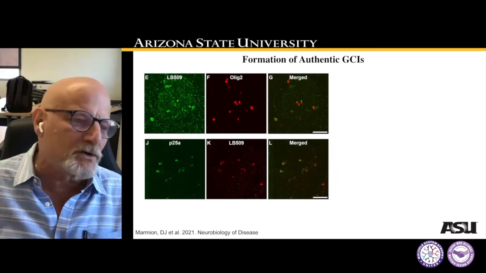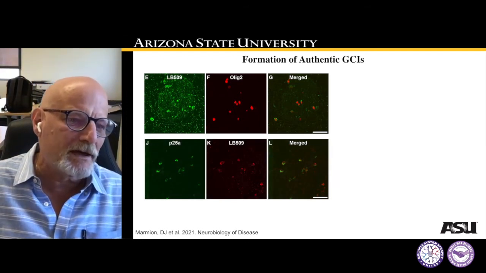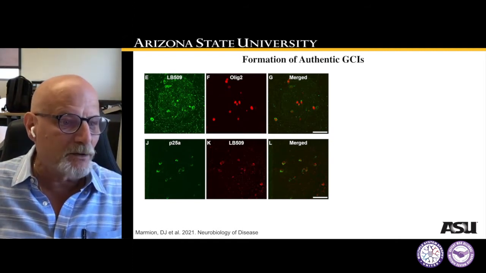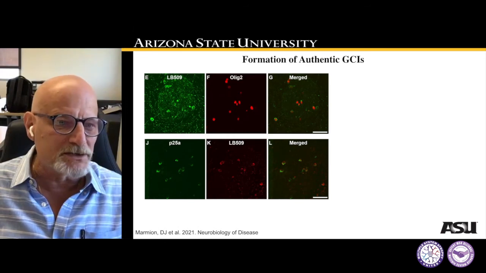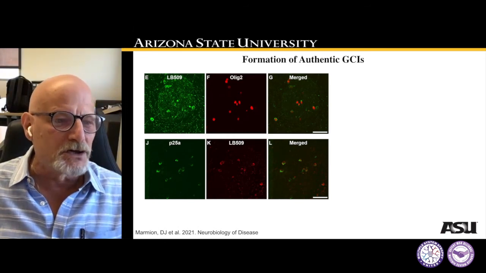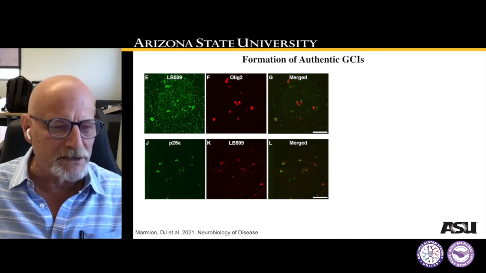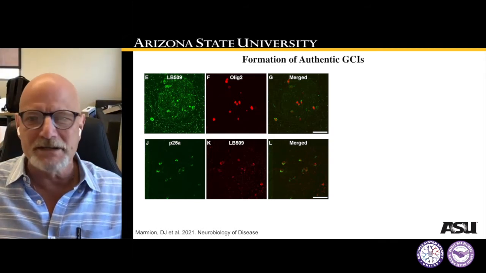Also, other transcription factors like P25A, which is found in human MSA, is stained following these injections, and it co-localizes with the LB509. So P25A, which is a pathological feature of human MSA, is also seen within this animal model.